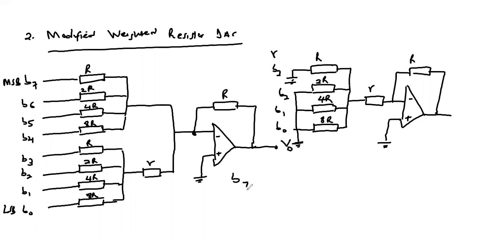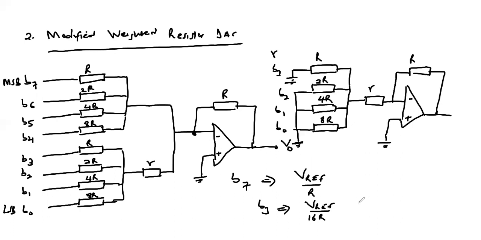So for bit 7, we know the current contribution will be the reference voltage divided by R. For bit 3, the current contribution to that resistor should be the reference voltage divided by 16R.